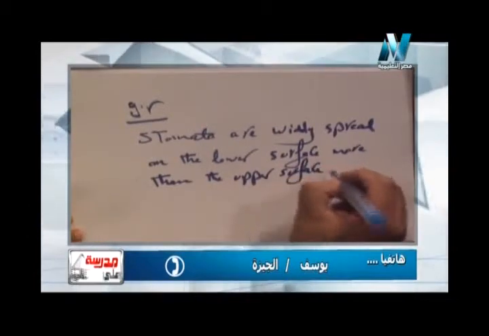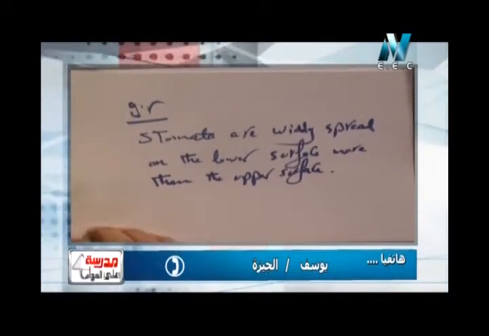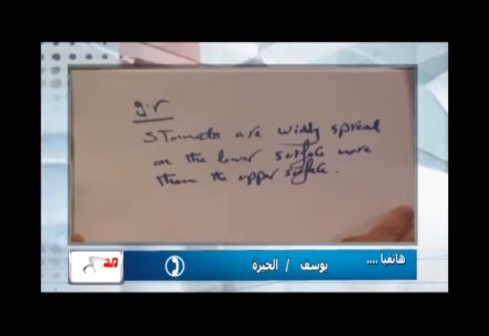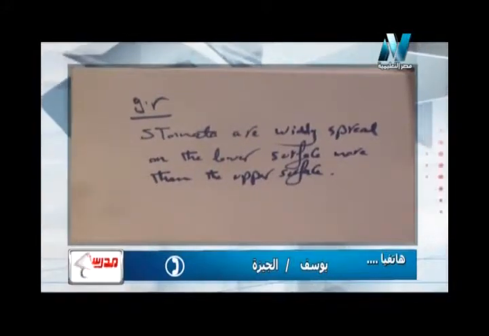To get rid of the excess water in the shape of water vapor. No, Yusuf, this is the function of the stoma. Here the question says: give reason. Stomata are widespread on the lower surface of the plant leaf. Why are there more stomata on the lower surface?